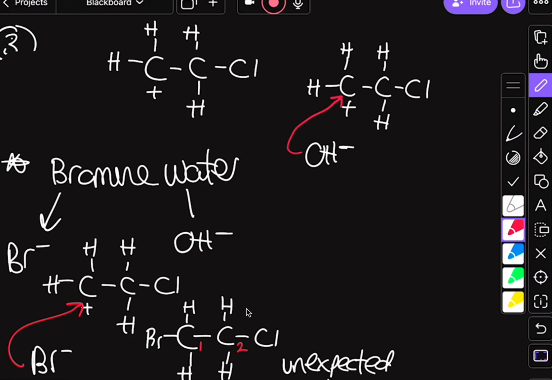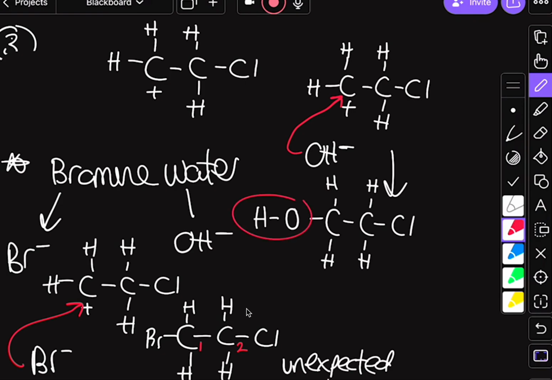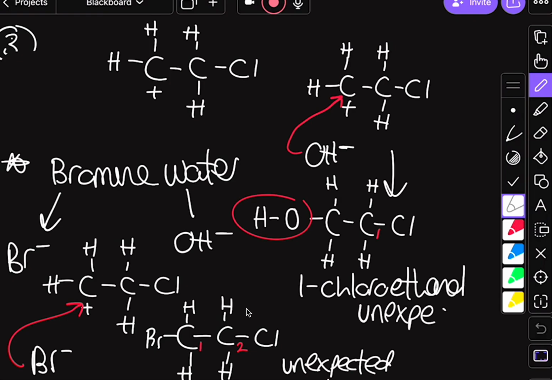That is going to go for here, leaving us with the OH group, which turns it into an ethanol. We will name from this side, so we now have 1 chloroethanol. Again, this is an unexpected product.